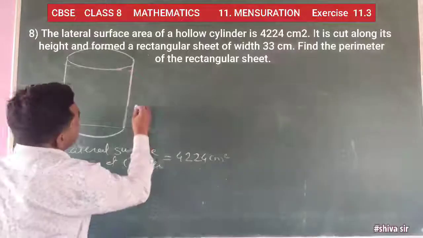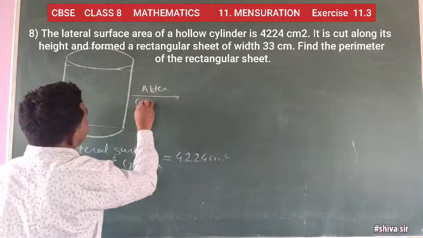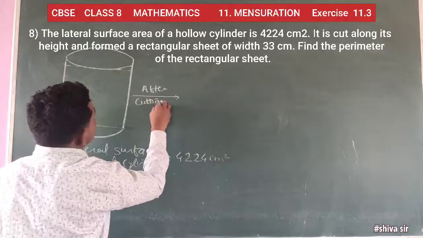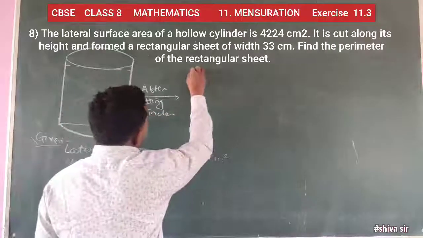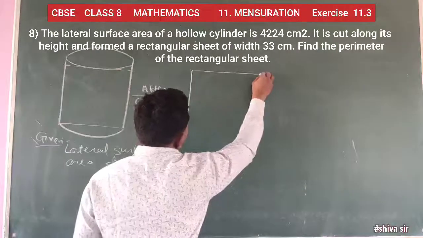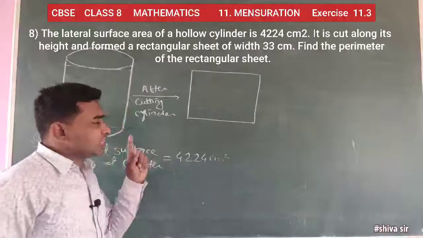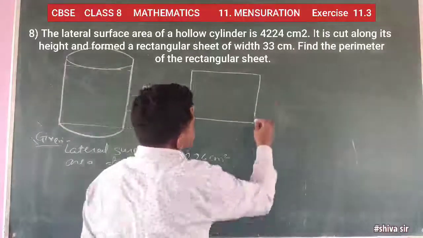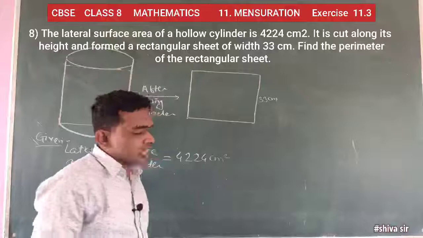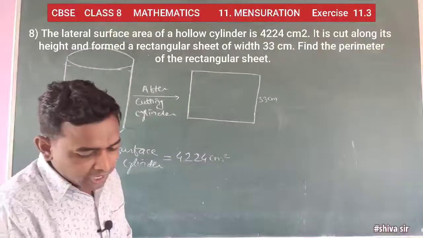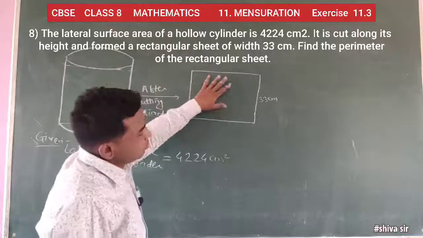After cutting the cylinder, we get a rectangular sheet. So this is the rectangular sheet, and this rectangular sheet has a width of 33 centimeter, and we have to find out the perimeter of this rectangle.